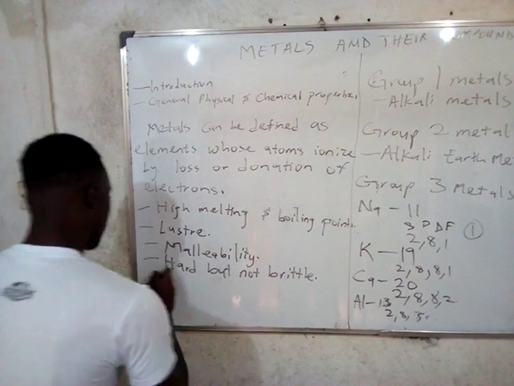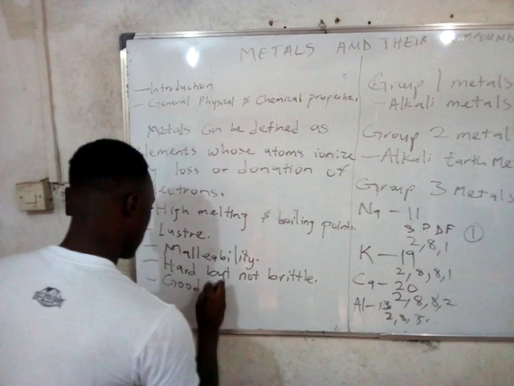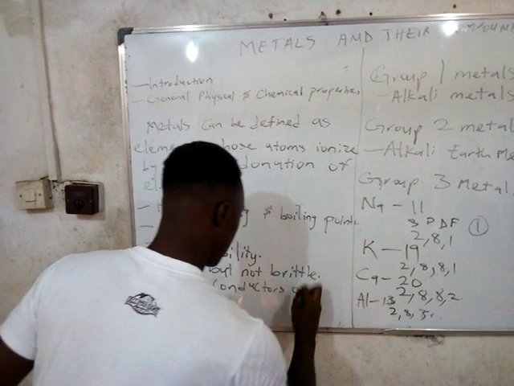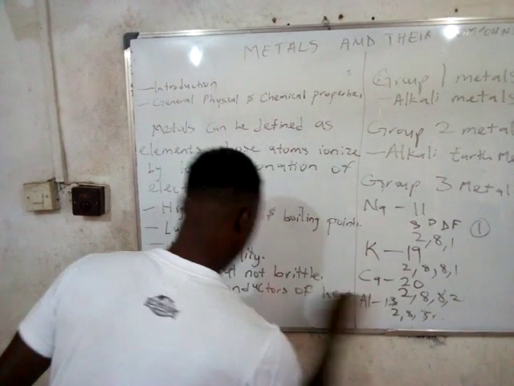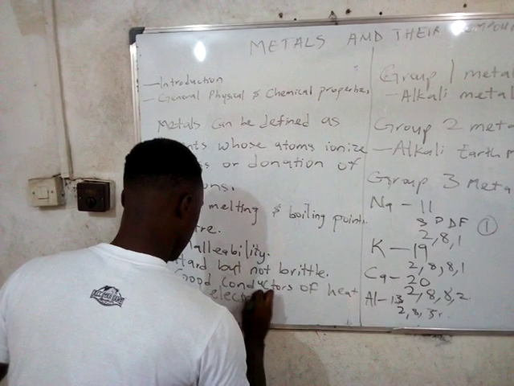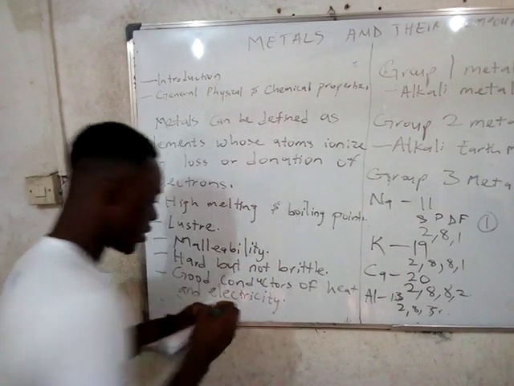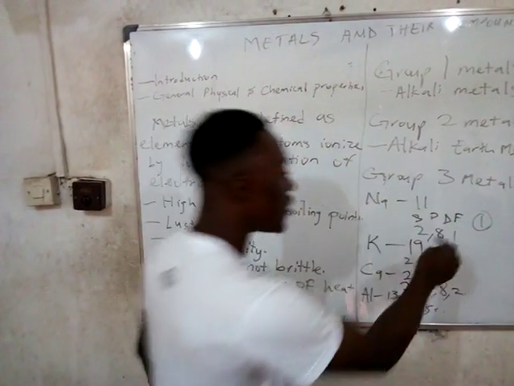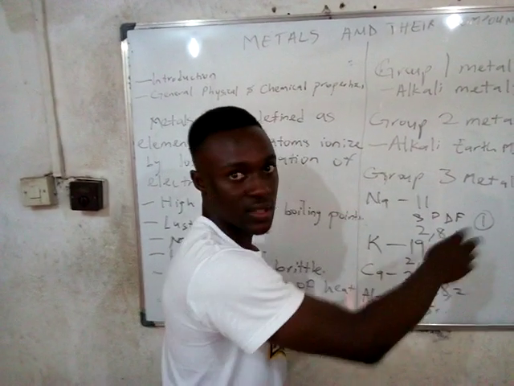Then they are good conductors. Good conductors of heat and electricity. Now, from the definition of the metals, we see that they have very, very few valence electrons on the outermost shell.